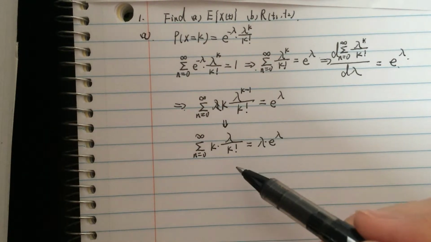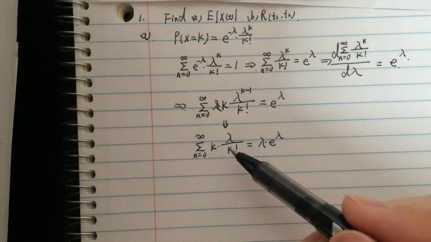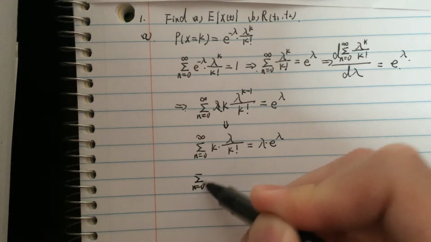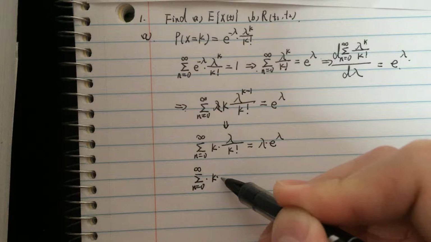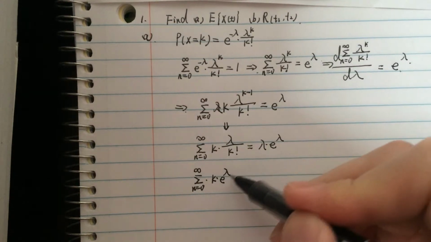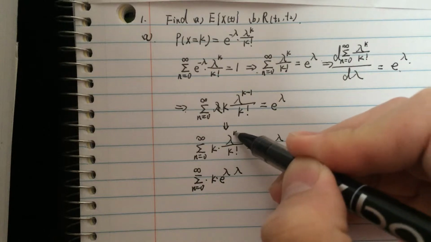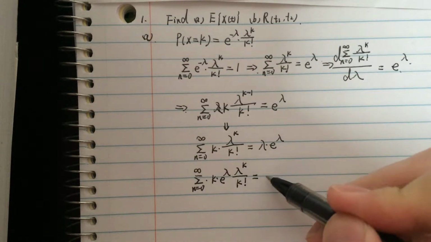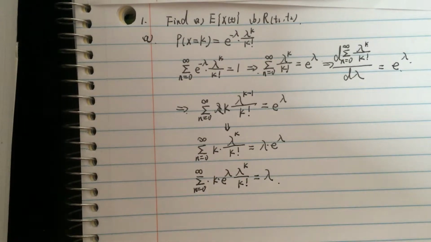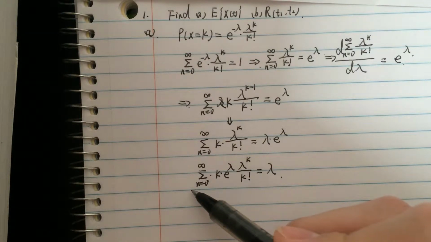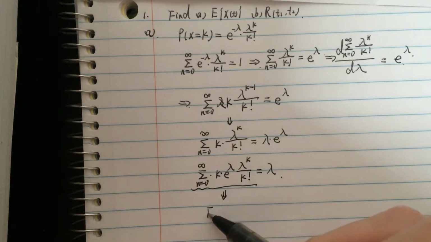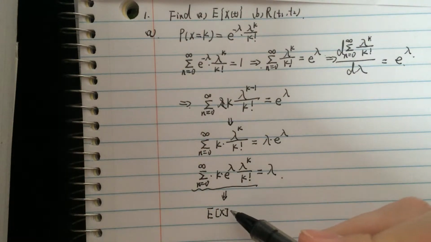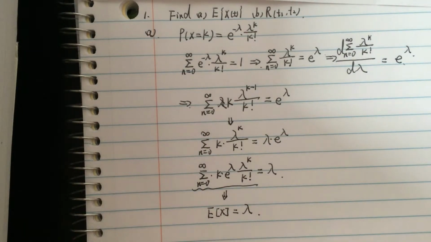And we can multiply e to the minus lambda on both sides, and we can get this result: the sum of k times e to the minus lambda times lambda to the k over k factorial equals lambda. Since this one is equal to E of X for the distribution, E of X will equal lambda.